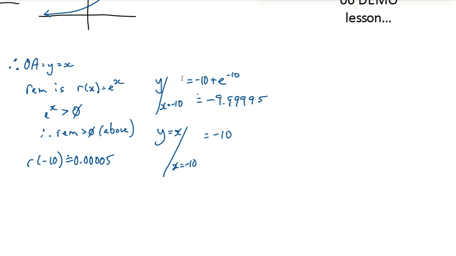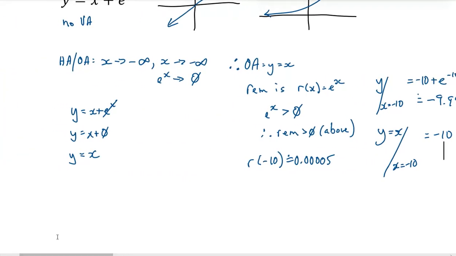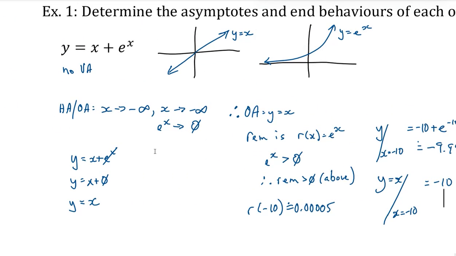So that's one of the types where you have an oblique asymptote. Go back to that original function, x plus e to the x. If you look at the other question in that activity, it also has e to the x plus something or minus something, could be either.